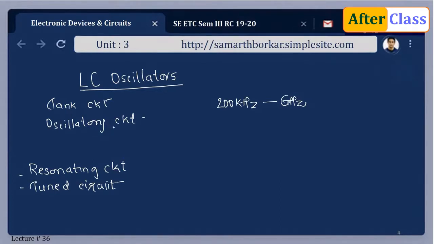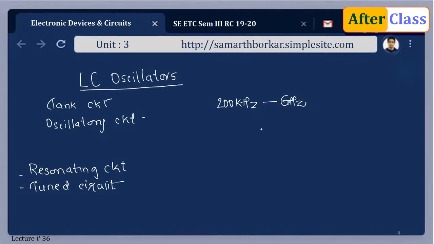And due to this high frequency range, these oscillators are often used for sources of radio frequency energy. Now let us study the basic action of LC tank circuit first. So now we shall discuss about the operation of LC tank circuit and how that particular tank circuit is used in actual oscillator circuits. Fine.